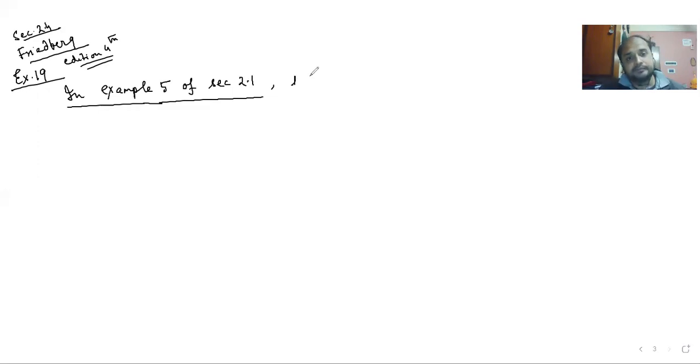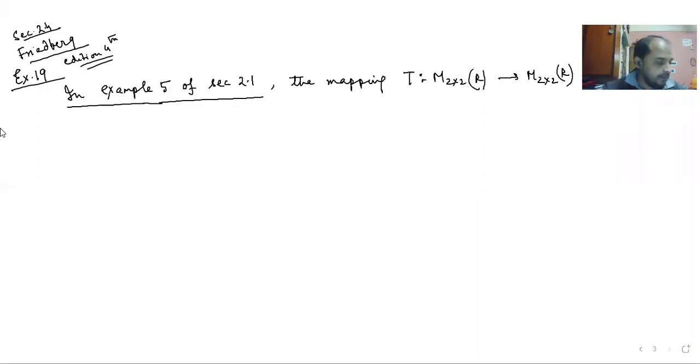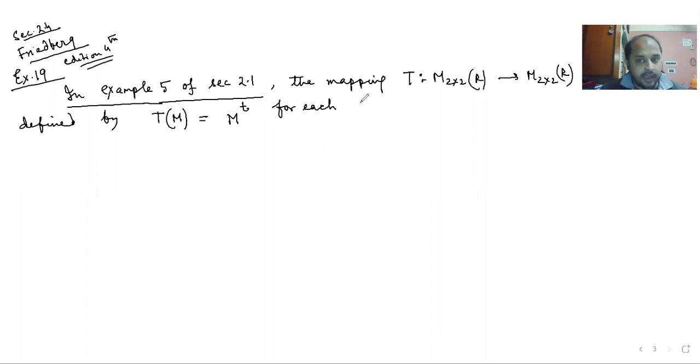The mapping T: M2x2(R) to M2x2(R) is defined by T(M) = M transpose, where M is a 2 by 2 matrix, for each M belonging to M2x2(R).